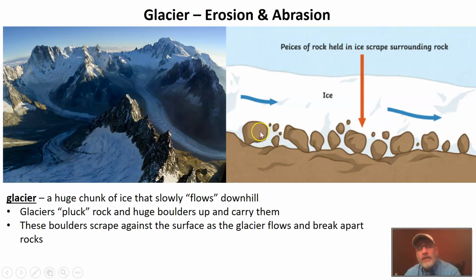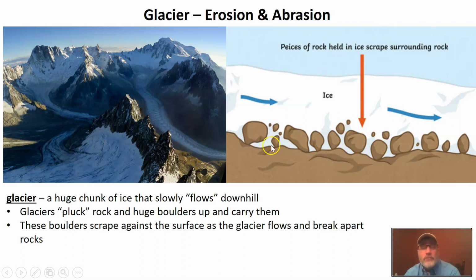Okay. Now, as these chunks of rock get stuck inside of the ice that's sliding downhill, they begin to act like sandpaper, right? They act like the grains on sandpaper. So they're going to begin scraping against the rock underneath. And so one of the things a glacier is able to do, via the sediment and the boulders it picks up, is as it scrapes along the surface of the rock under it, it's going to smooth it out, right?